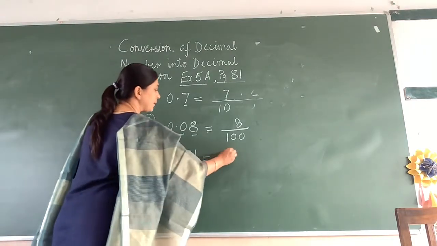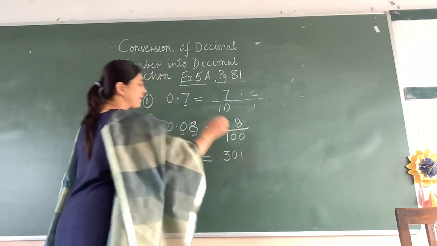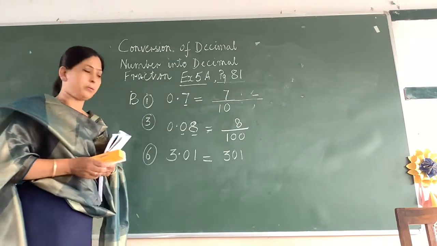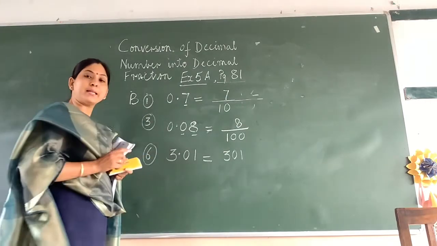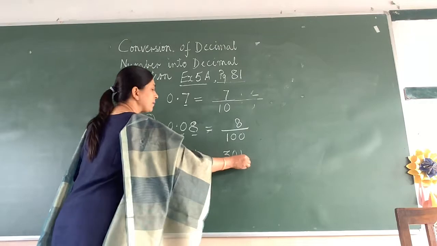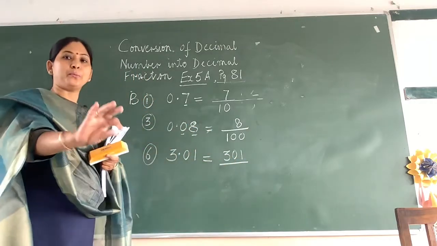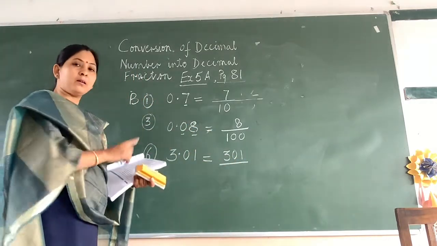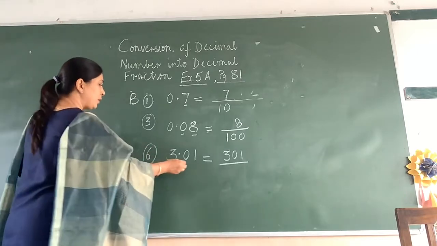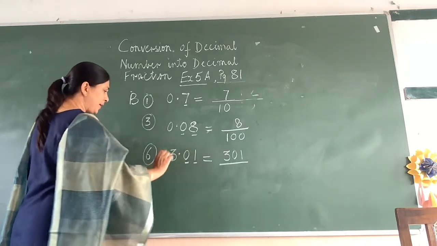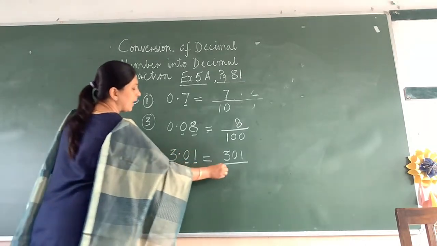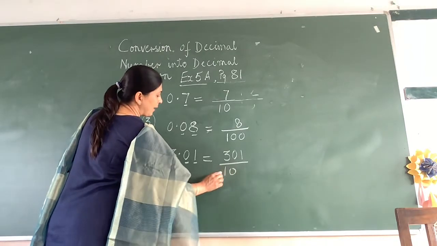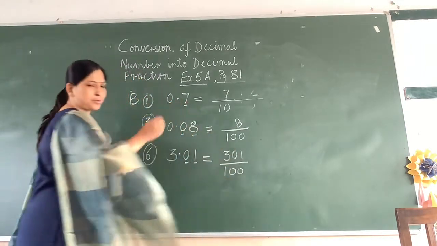So it will be 301. This will be our numerator. We have ignored the decimal point and written 301 as numerator. And there are 2 digits after decimal point. So that means our denominator will contain 1 and 2 zeros.